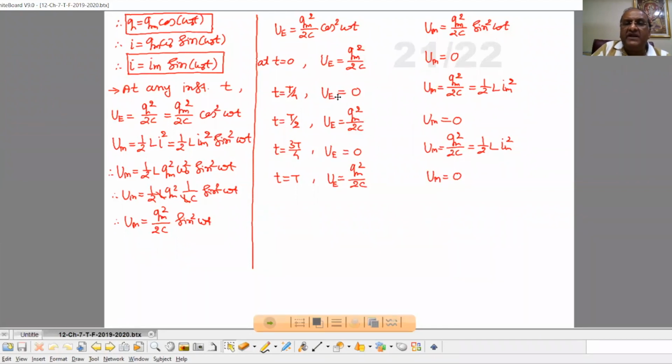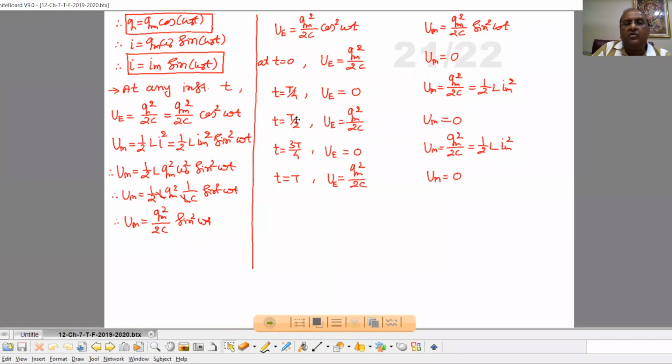So electric energy will be 0 and magnetic energy will be maximum, Qm squared by 2C, or we can say that is half L Im squared.